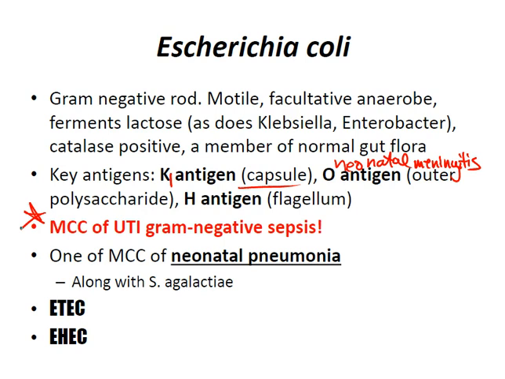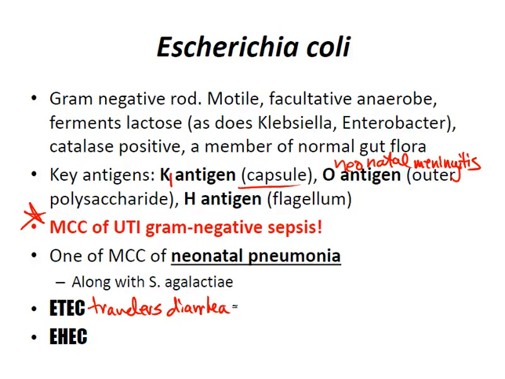There are two primary pathogenic strains. One is ETEC, enterotoxigenic E. coli. This one does not invade. It causes traveler's diarrhea. You get abdominal pain and non-bloody diarrhea.